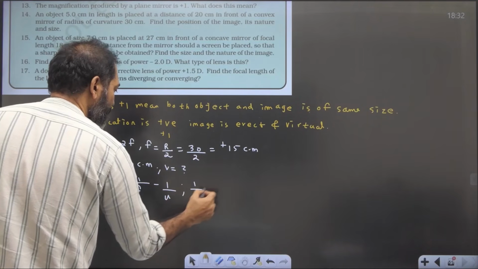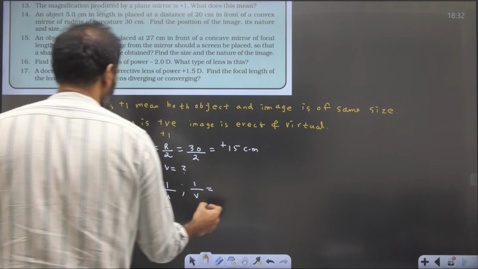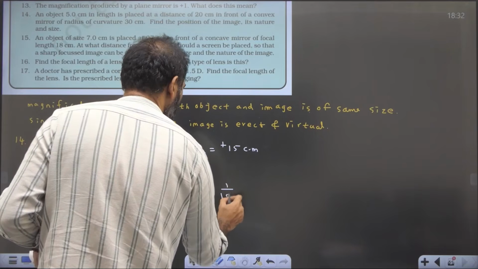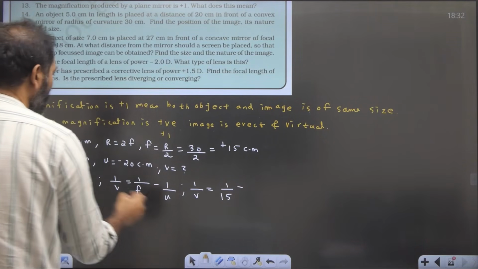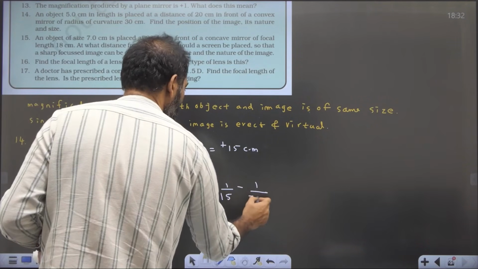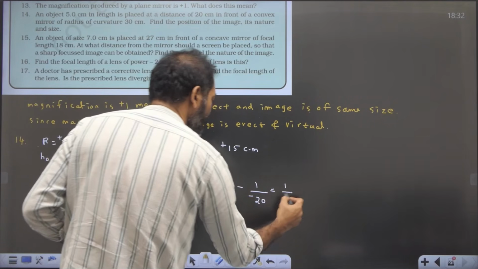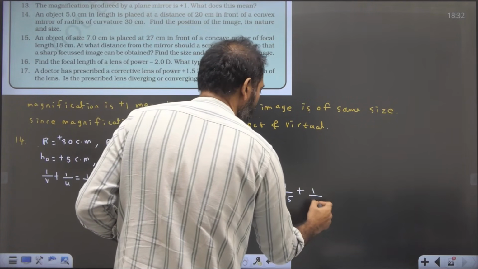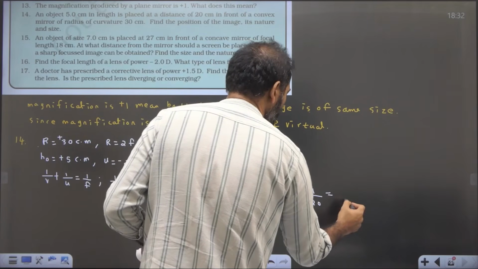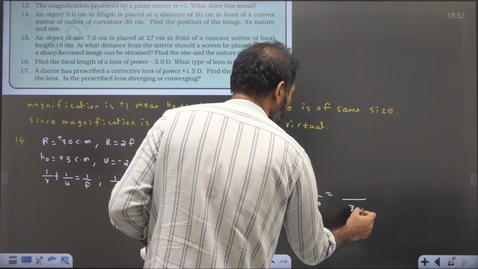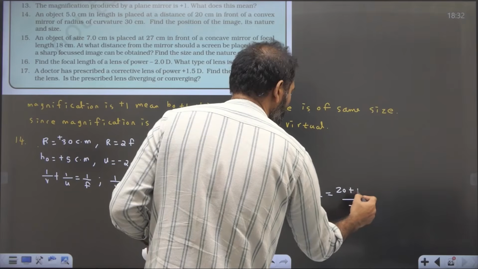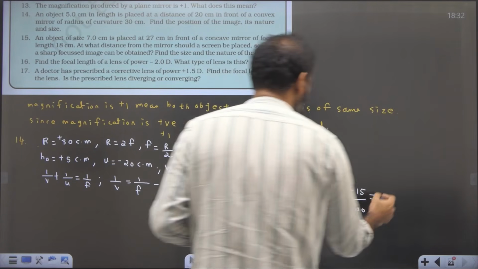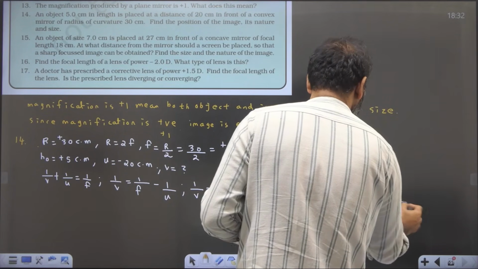So 1 by V is equal to 1 by 15 minus 1 by minus 20, so 1 by 15 plus 1 by 20. 15 into 20 is 300. Cross multiplying, 20 plus 15 is 35 by 300.